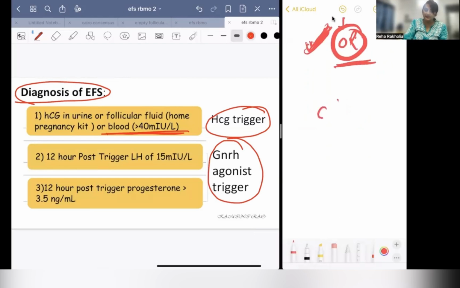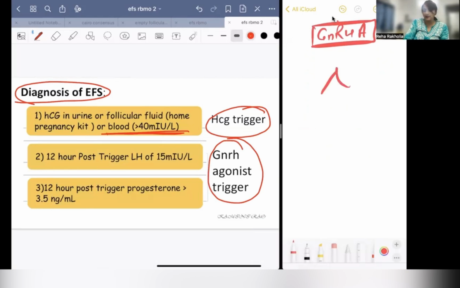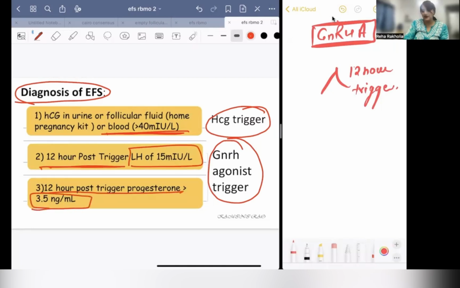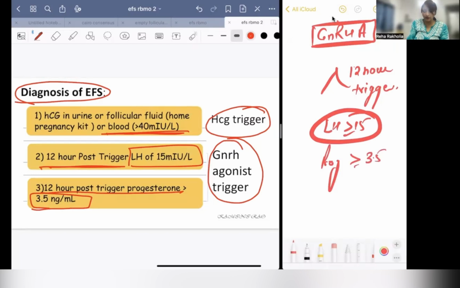But in GnRH agonist trigger, LH and progesterone should be seen 12 hours after trigger. LH should be more than 15, optimal LH should be there, and progesterone should be more than 3.5 nanogram per ml.